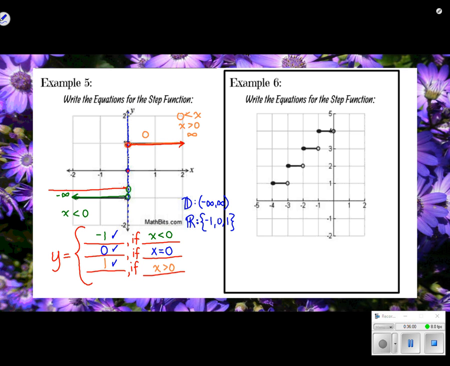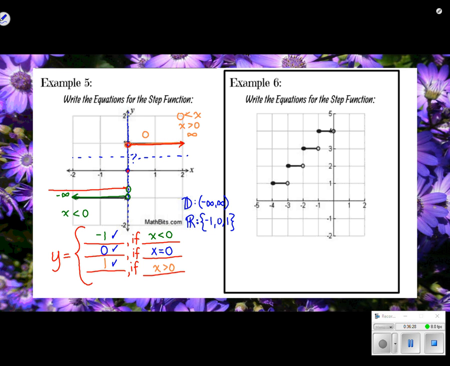Because we have a certain number of y values, we're not using everything between -1 and 1, because what's going on? Do you see any y values here? I don't see any y values, so we can't say everything from -1 to 1, because we're not using all the y values. We're using 3 of them. So if we're only using 3 of them, we list them. We don't say everything between here and here.